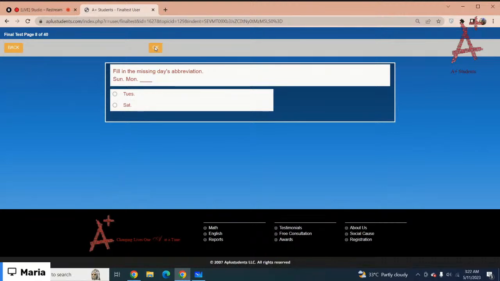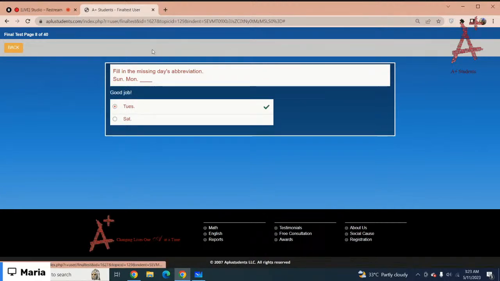Which is the day right after Monday? Right after Monday, it would be Tuesday.